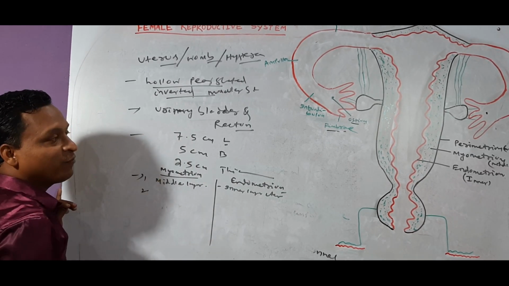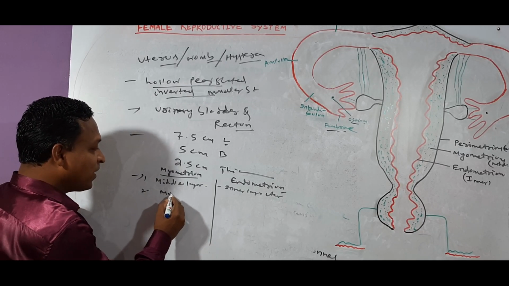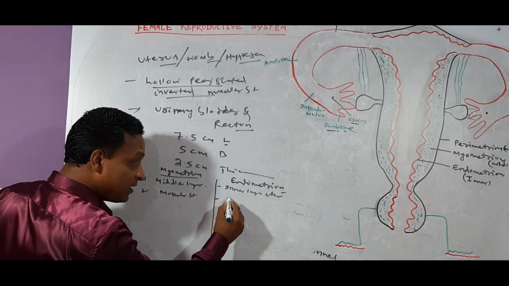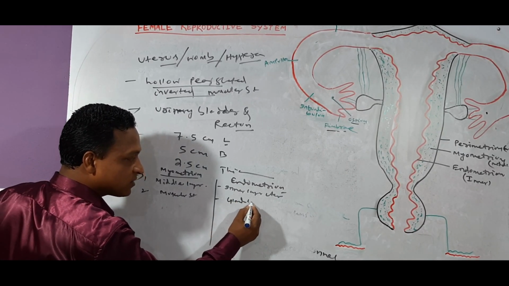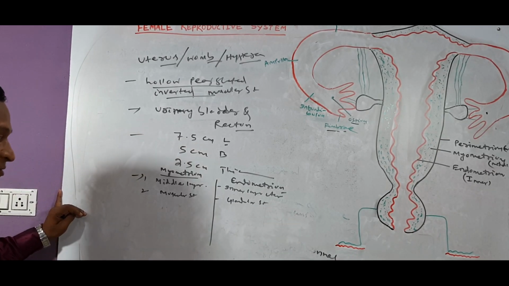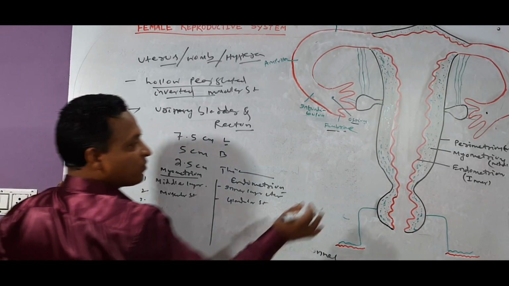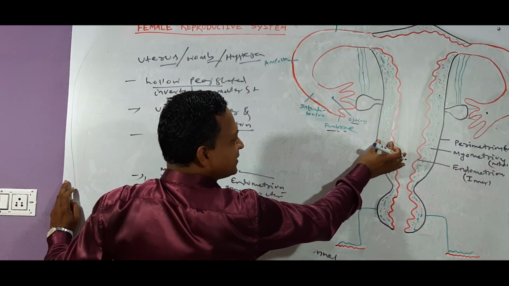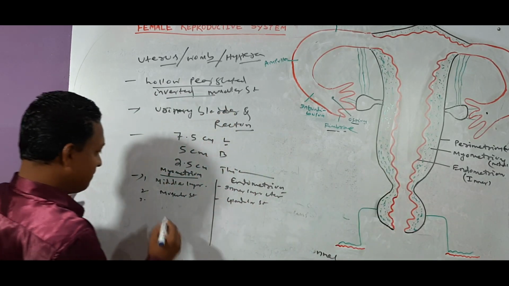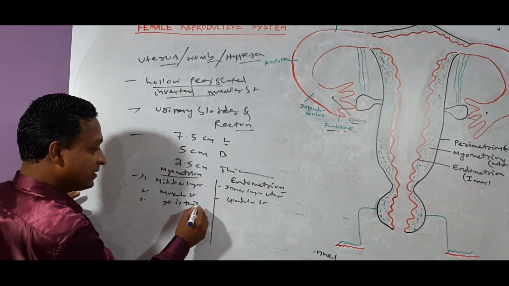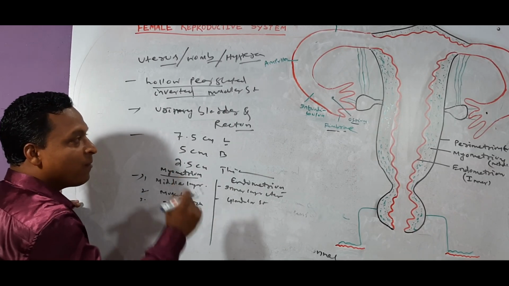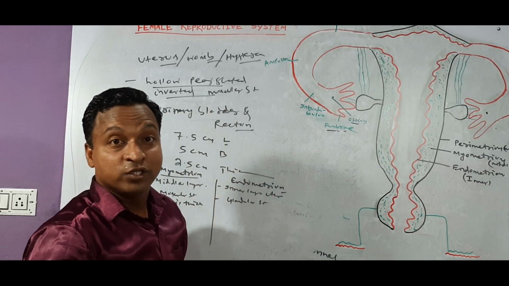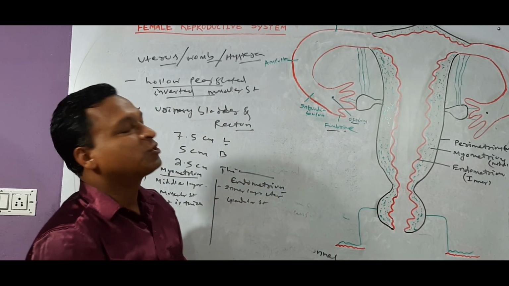The second difference: the myometrium is a muscular structure, the endometrium is a glandular structure. The myometrium is thick in comparison to the endometrium. The endometrium undergoes cyclic changes during the menstrual cycle.